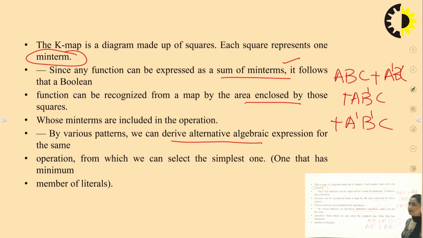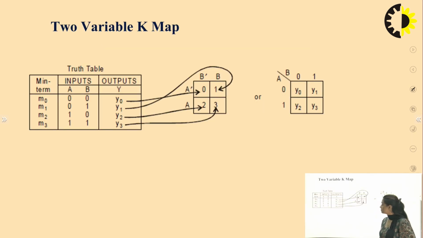Both could be possibly correct solutions, right? So this is what we mean, that it may derive alternative expressions also, and the simplest one can be used.